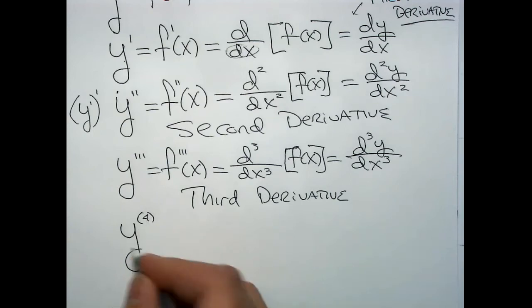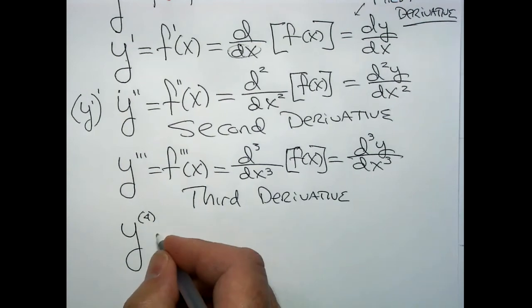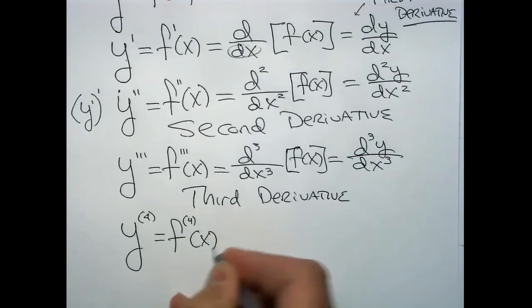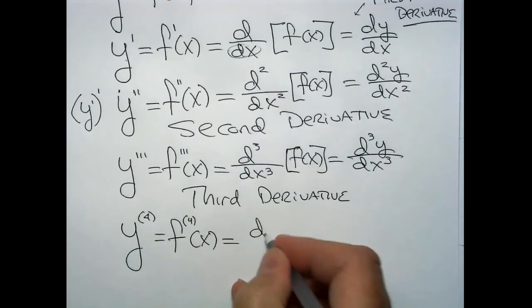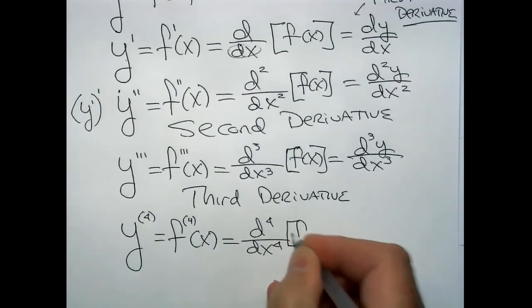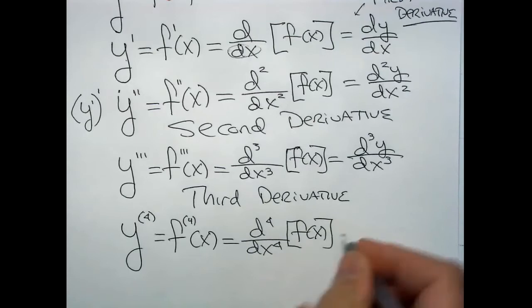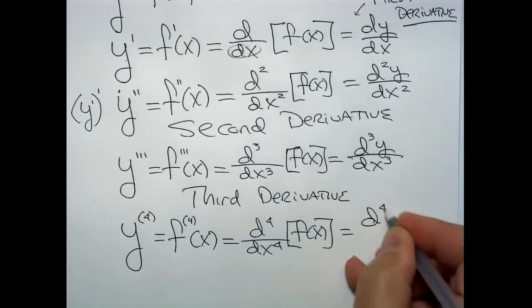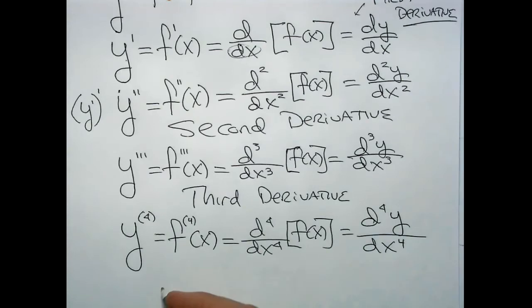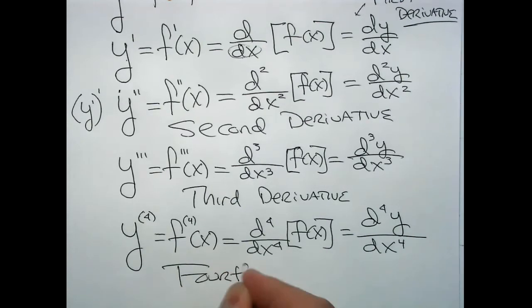It's in parentheses so that we know it's not an exponent. You can still use the numbers here, though. Fourth derivative of that original y function. So this would be the fourth derivative.